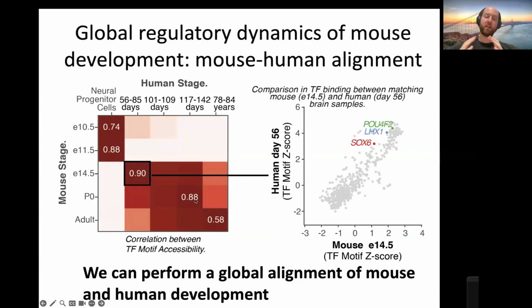So we have all of the regulatory DNA that's active, for example, in mouse brain, and then we have data from human samples, for example, from miscarriages, and we can map all of the human DNA and all of the mouse DNA, and see how human and mouse DNA align completely from a regulatory perspective, which is absolutely fascinating.